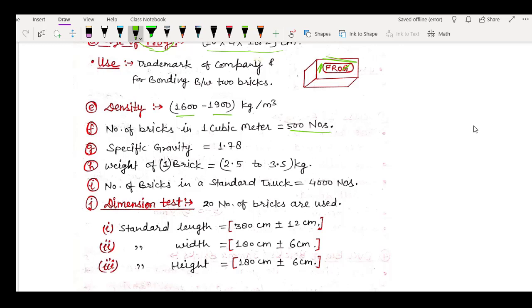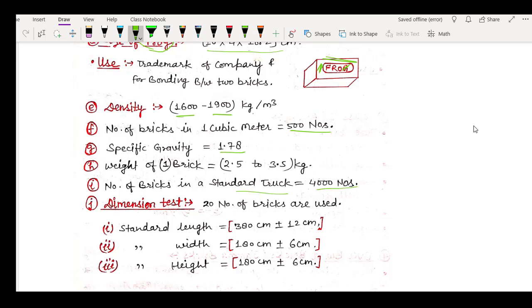So 500 bricks can form a 1 cubic meter volume. And specific gravity should be 1.78. Weight of one brick is around 2.5 to 3.5 kg depending upon the class of that brick. And the number of bricks in a standard truck comes out to be 4000.